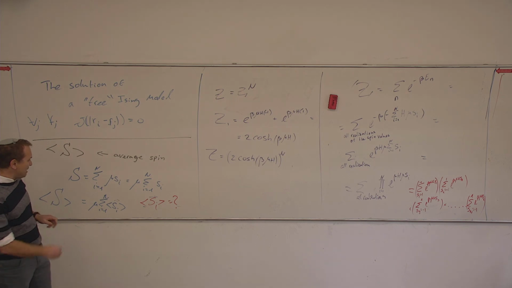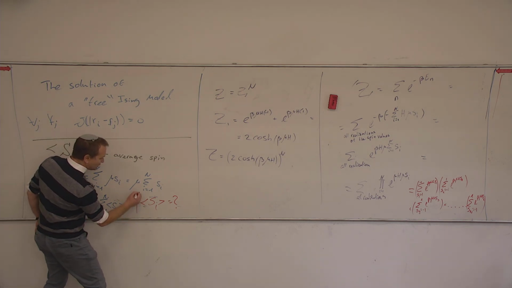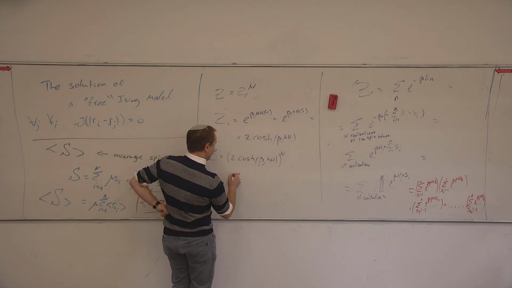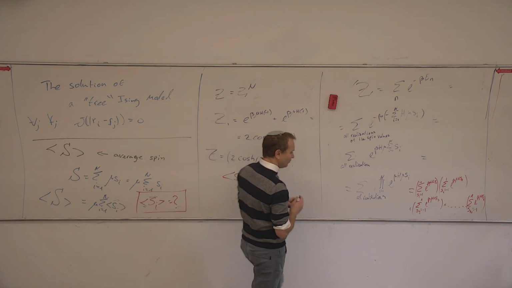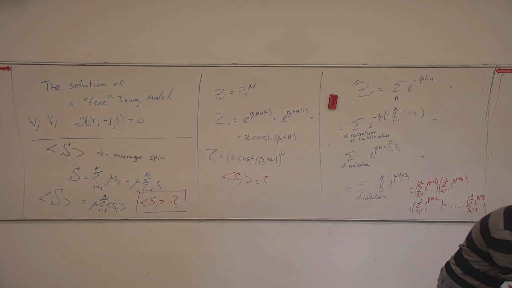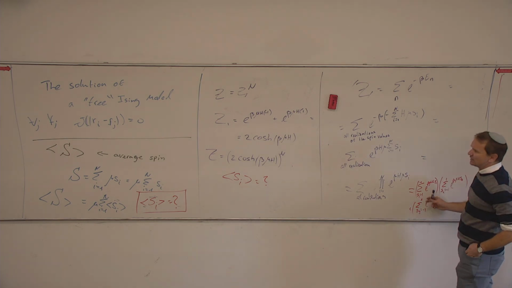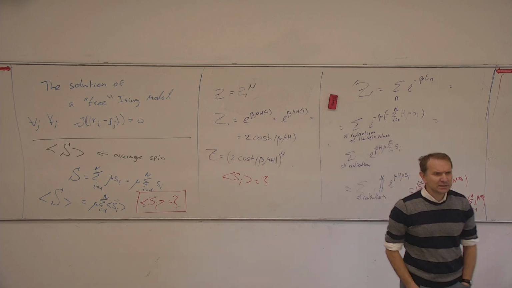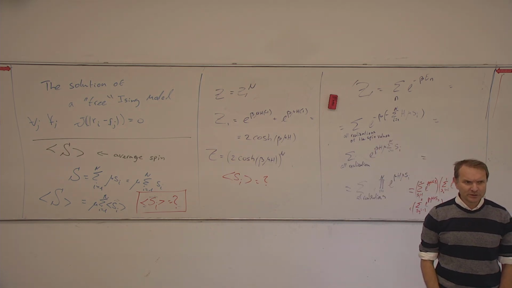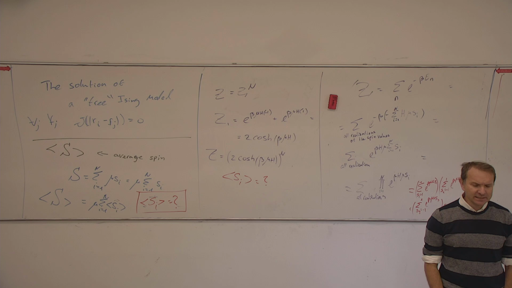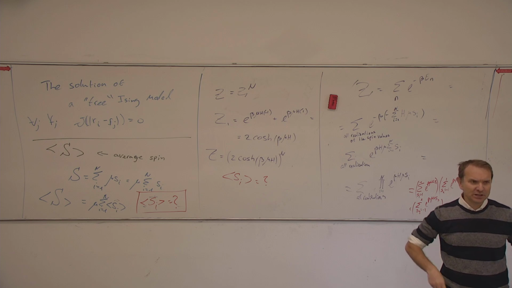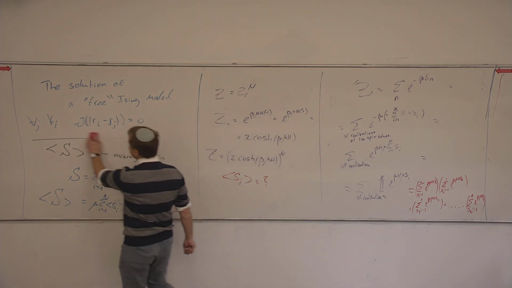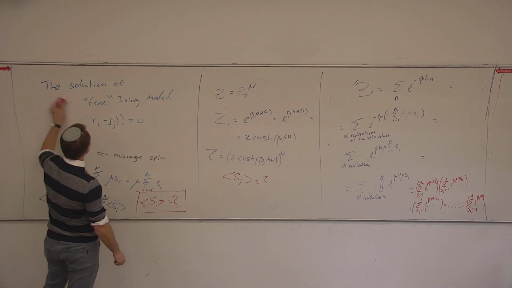Now, if you remember, what I actually need to solve is this S_i average. How do I do it? Remember, the moment that I manage to factorize, I treat all the spins as independent particles, and I can treat each and every one of them as if it is presented by the canonical formalism.